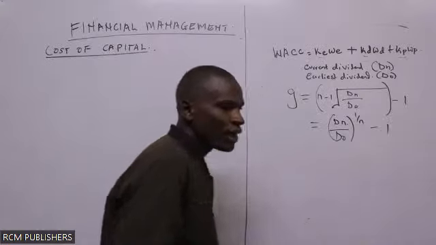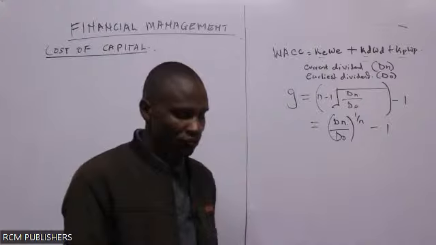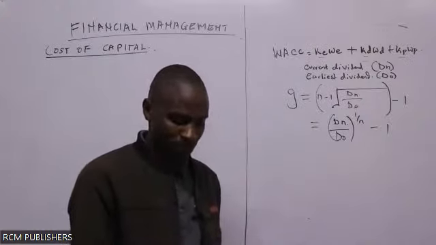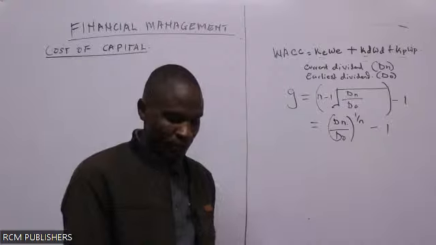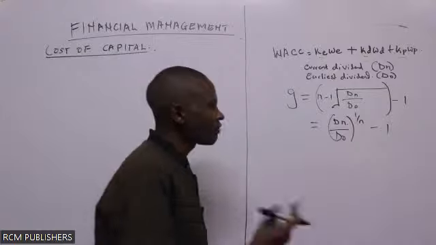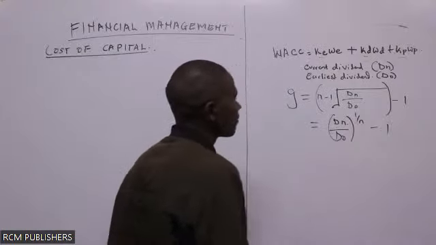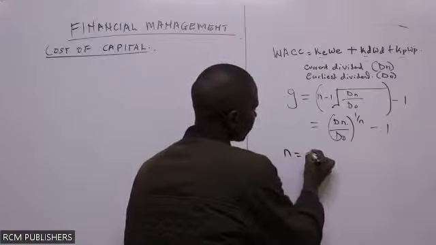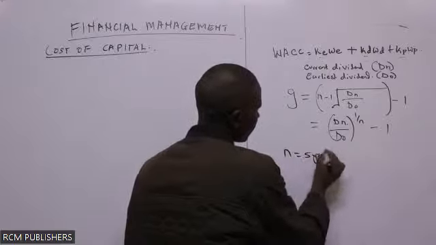How many years do we have from 2015 to 2019? How many years is that? These are 5 years. Therefore, we have everything. We have n, and n is 5 years.